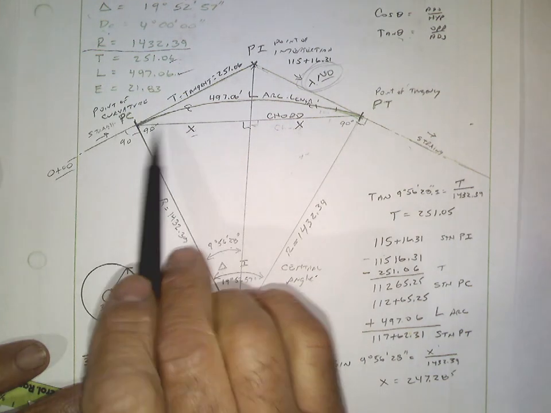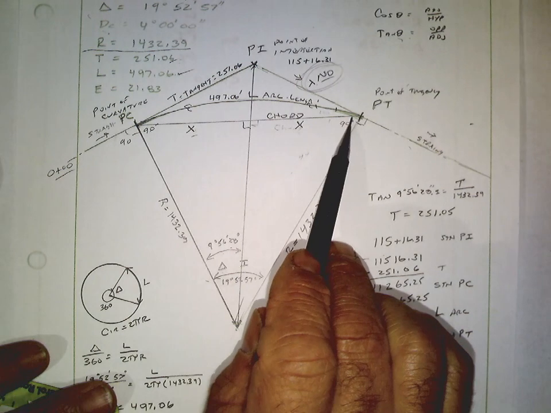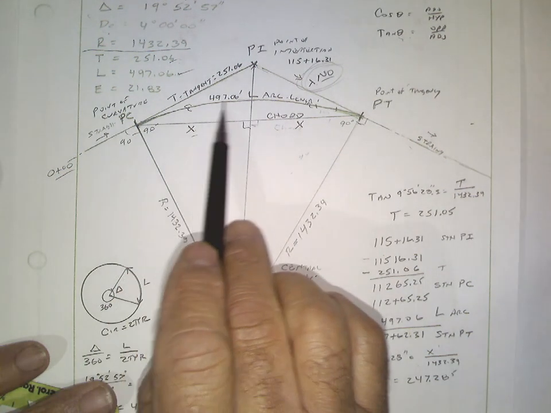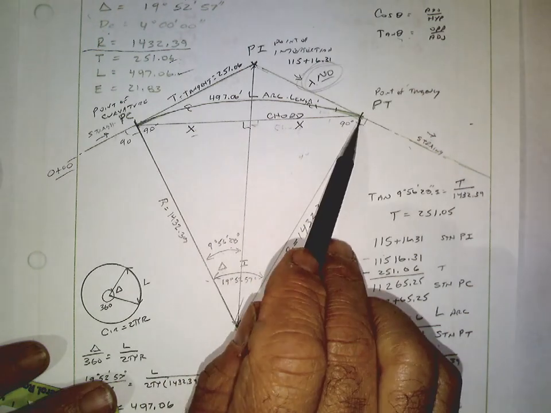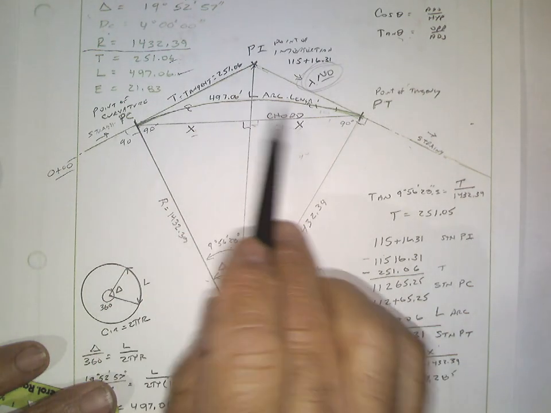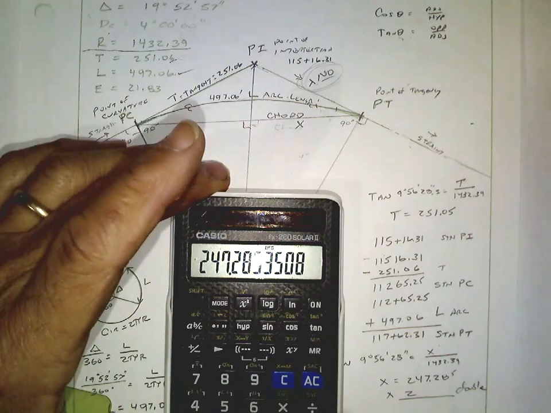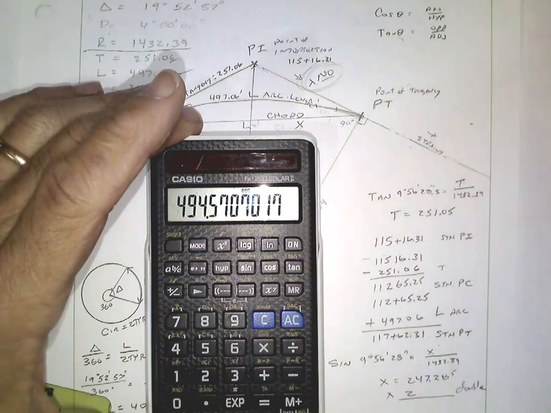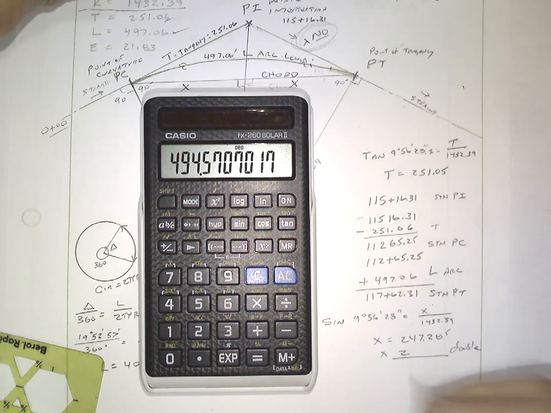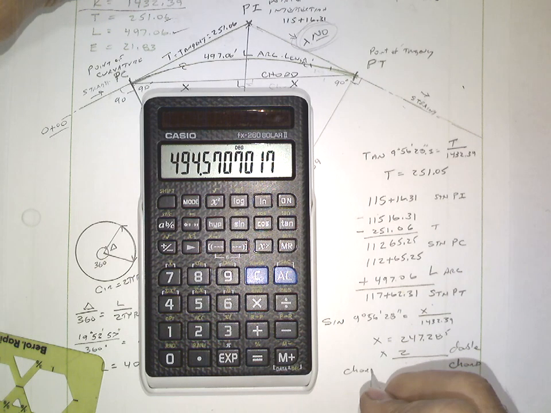You'll think about this a minute. I would imagine that this chord is going to be less than the arc length. I think the distance across here, the chord, will be less than the arc. So if I multiply this by 2, double it, I come up with the chord length of 494.57.